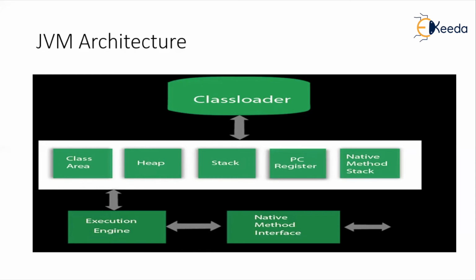Then there is the class or method area. This stores the class structures such as the runtime constant pool, field and method data, and the code for the methods. So in a class, whatever elements we have declared, all those will be stored in this class area.